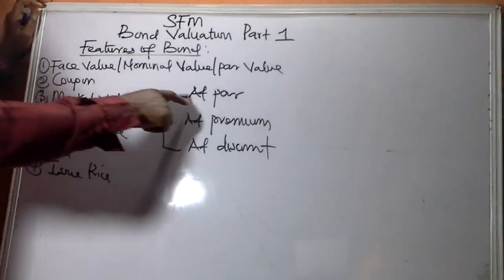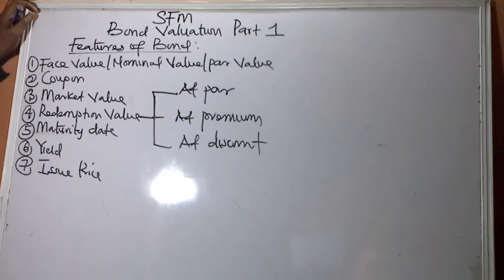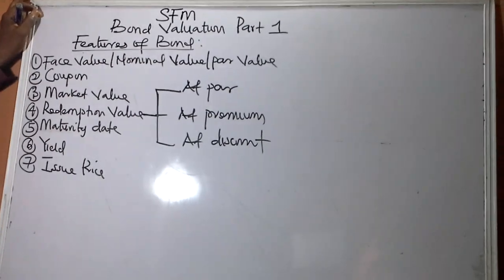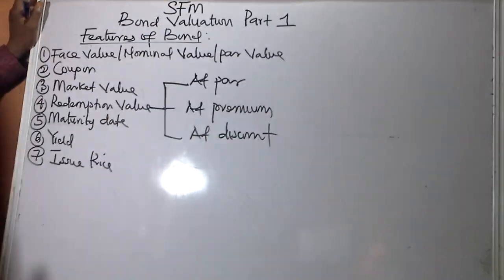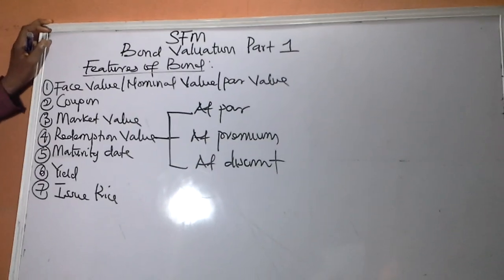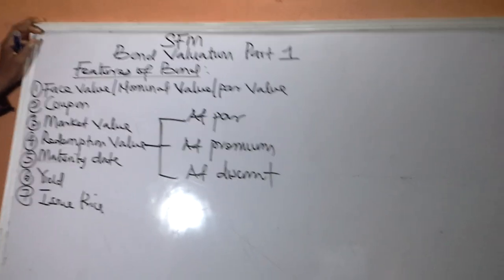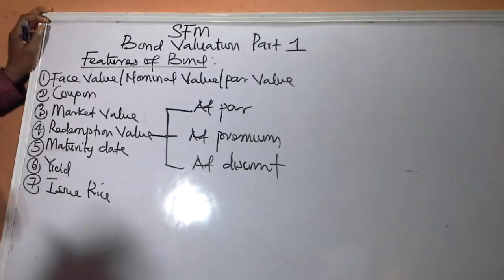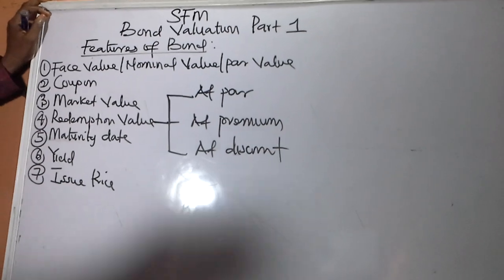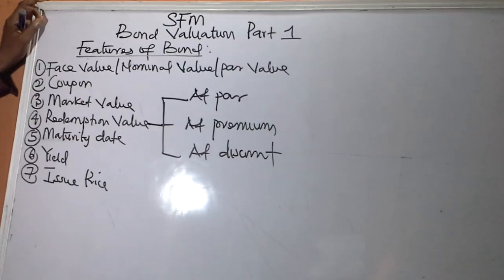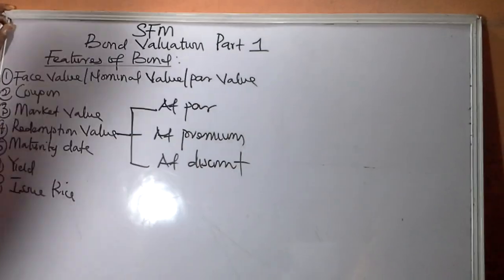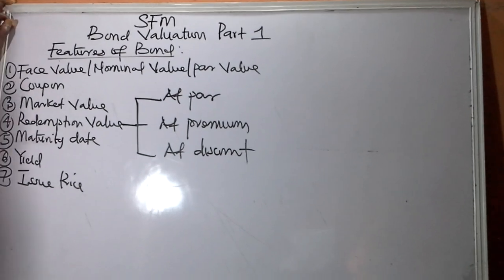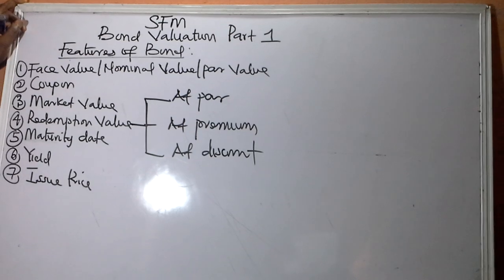If it's at par, the bond is redeemed at the nominal value. If it's at premium, it is redeemed above the nominal value. If it's at discount, it is redeemed below the nominal value. But if the question is silent about the redemption value of the bond, please take it as a rule that such a bond is redeemed at par.